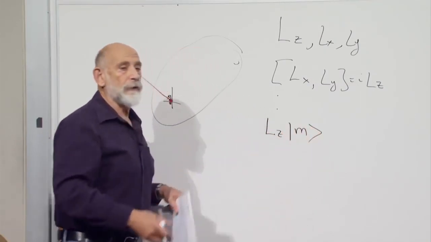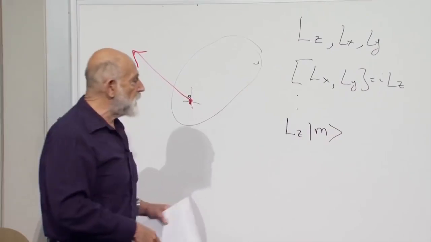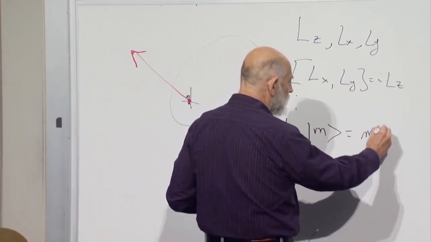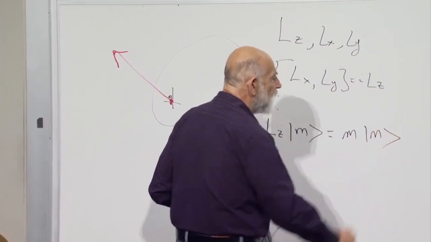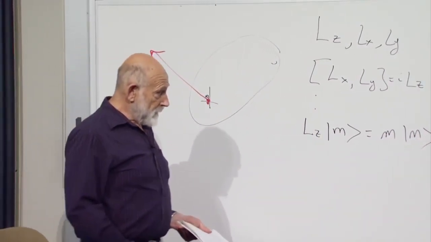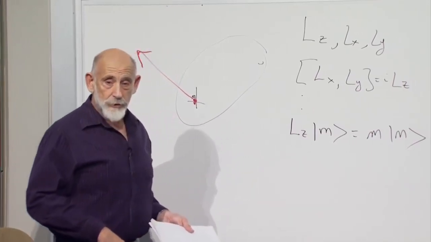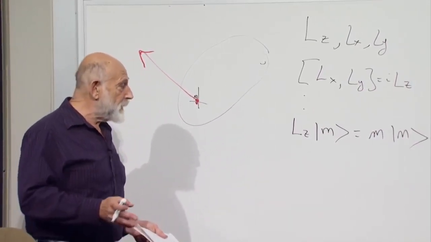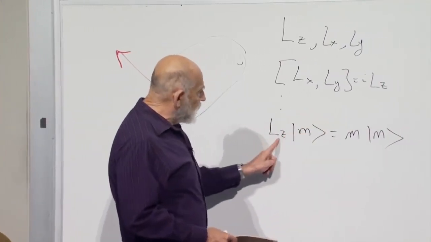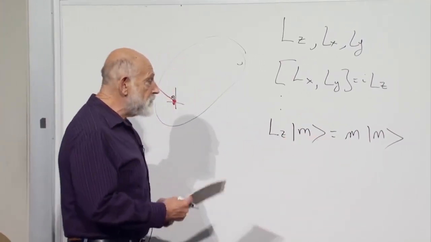We don't know offhand what the spectrum of eigenvalues is, but let's just define the eigenvalues to be little m. Forget for the moment whether they're integers or not. They may or may not be integers. But this defines the eigenvector of Lz with eigenvalue m.